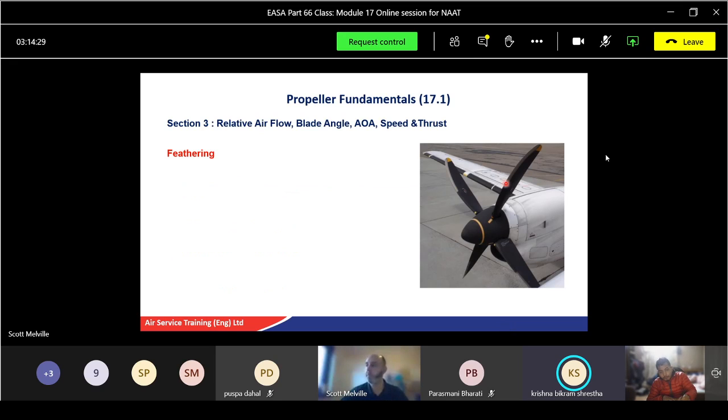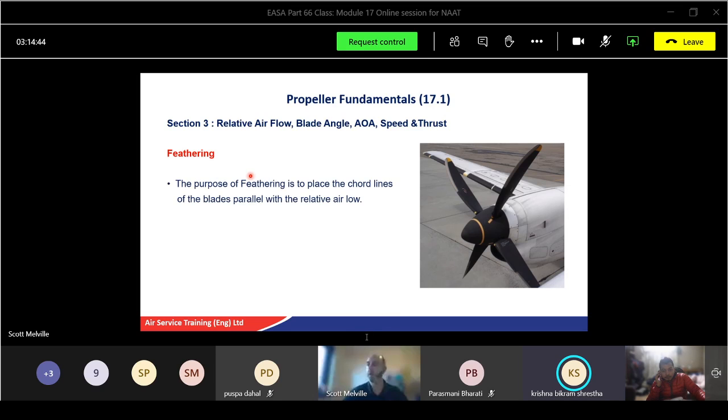So it's a nice diagram. You can see here the blades in this propeller aircraft, the leading edges of each blade, are all facing into the direction of flight. So that's the feather position. It places the chord lines of the blades parallel, in other words, in line with the airflow that's coming onto it.